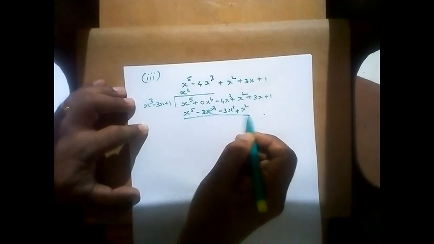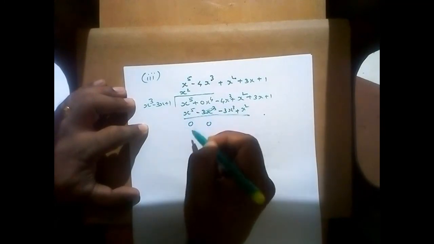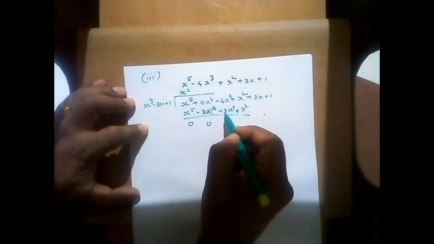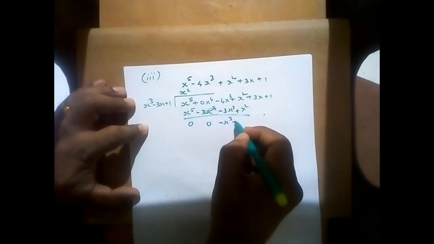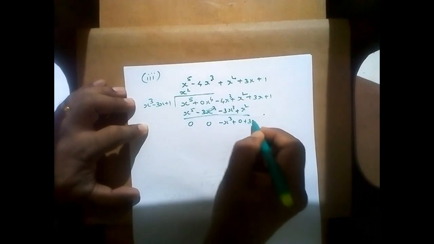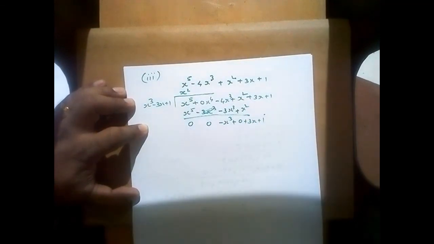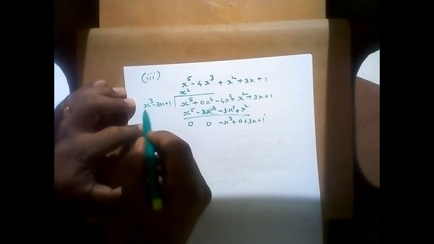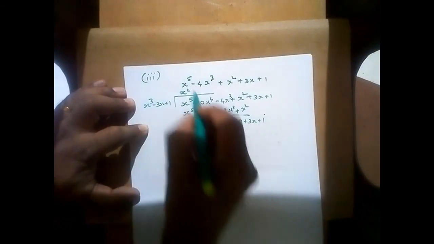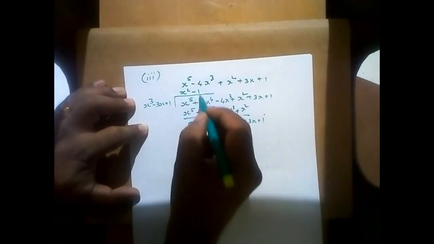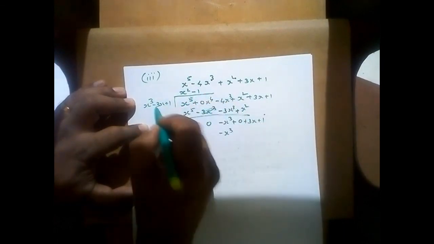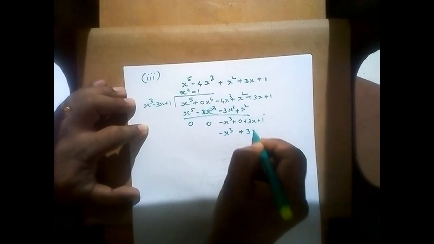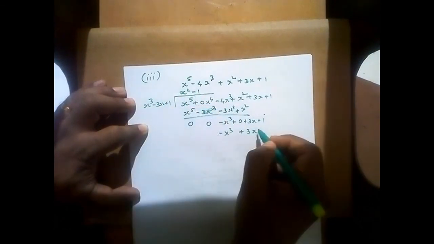Subtract: 0, 0, minus 4 minus of minus 3 is minus 4 plus 3, that means minus x cube, x square 0, plus 3x plus 1. Here it is x cube, here it is minus x cube, so we have to multiply by minus 1. Minus 1 into x cube is minus x cube, minus 1 into minus 3x is plus 3x, minus 1 into plus 1 is minus 1.